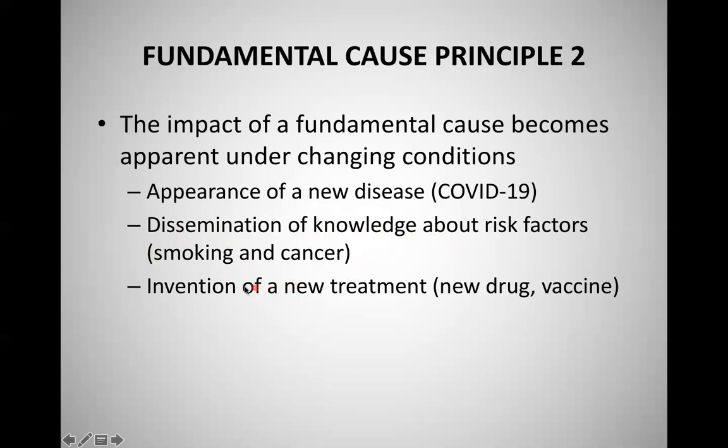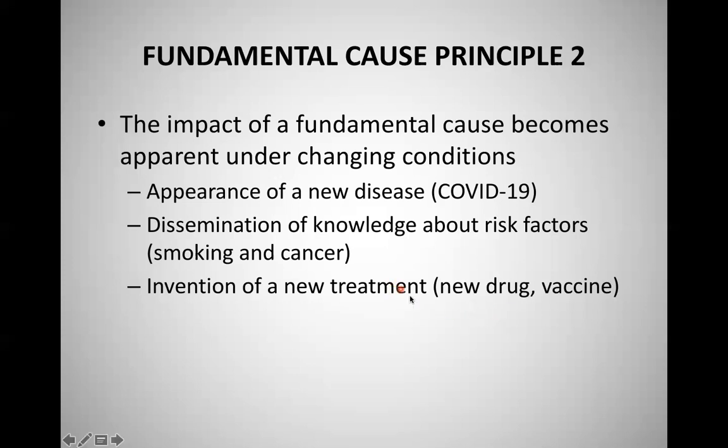Okay. Then the third example is the invention of a new treatment, whether that new treatment is a new drug or a vaccine, such as the COVID vaccine right now, or the article that you've read about the HPV vaccine. There are other examples as well, such as the development of a new drug like statins, or a new treatment for breast cancer.